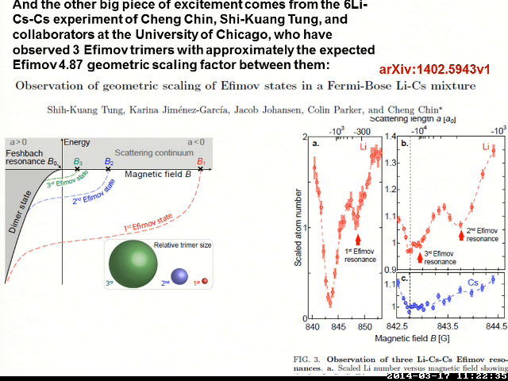And there's no separate data yet that is evidence that that's correct. I think one has to either measure the binding energy as a function of magnetic field on the positive side, or something else, to get evidence that this revision of the two-body physics is believable and credible. Because if this resonance were where it was thought to be before this measurement, the Efimov scaling factors would not look very much at all like this 4.88.